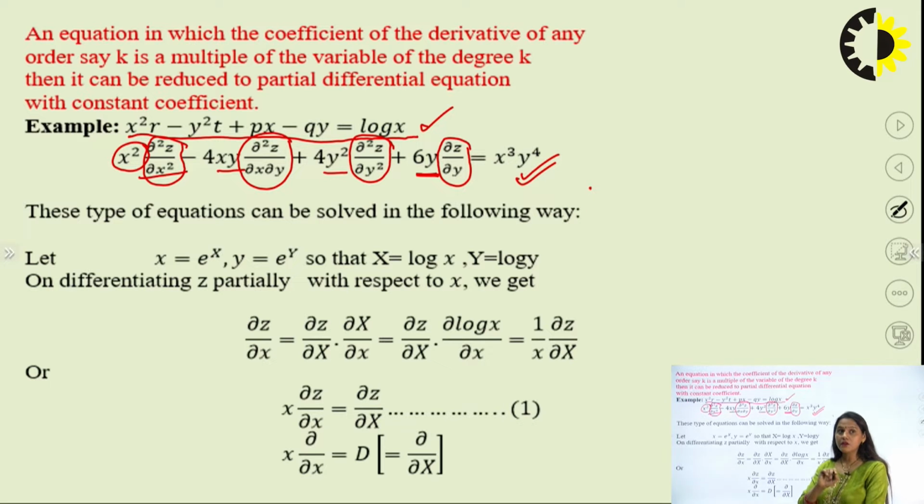So this is a very important point to notice: wherever we have a second derivative, we have the coefficient in power of 2, and wherever we have a first derivative, the coefficient has only power 1. So this is very important. When we see this kind of equation, we should immediately understand that this kind of equation is reducible to PDE.